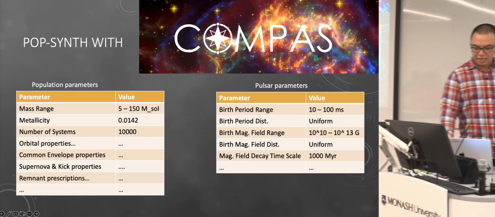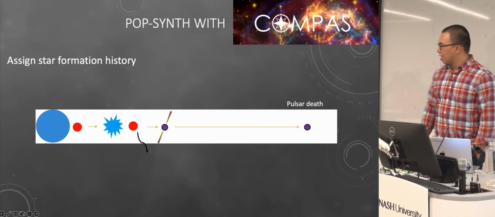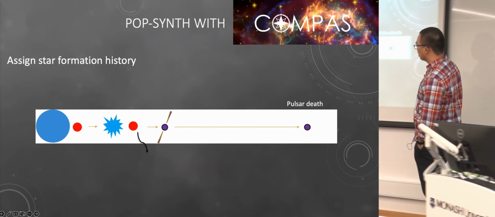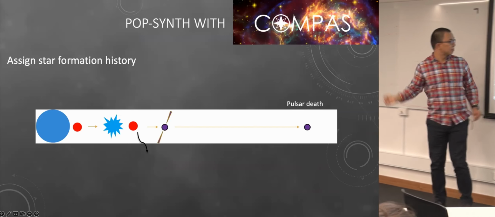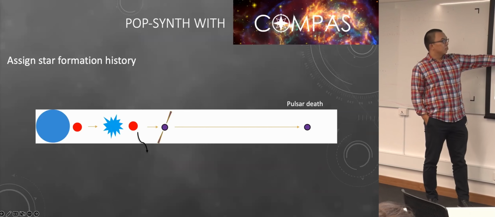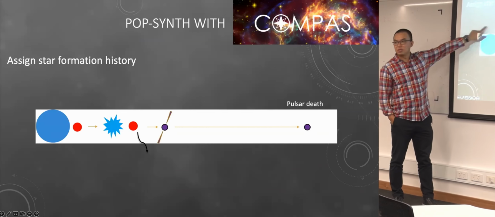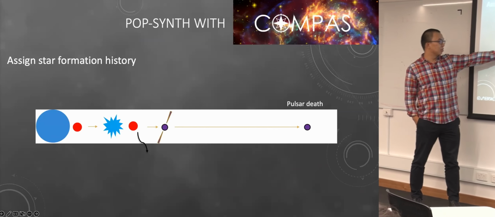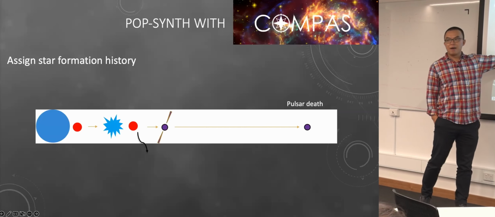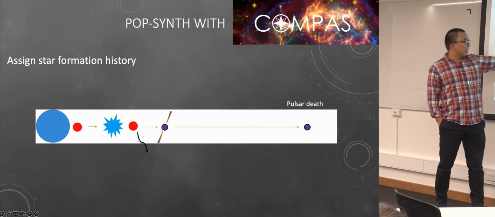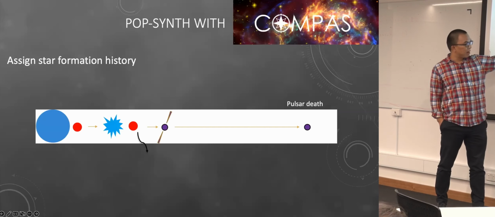After we set that, COMPAS would generate binary systems. As an example of the type of system I'm interested in, it would generate a massive star, shown here in blue, and a low mass star, shown here in red. The massive star goes supernova very fast, and it would disrupt this binary.